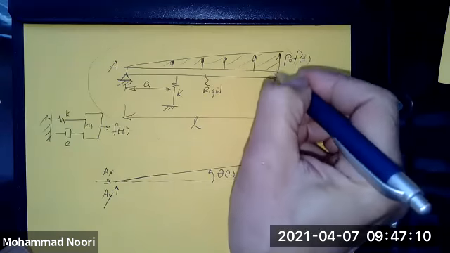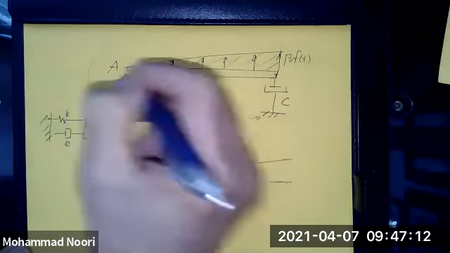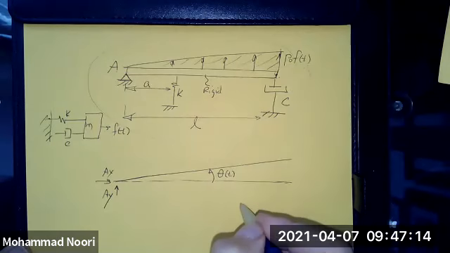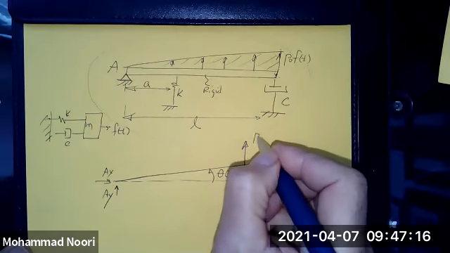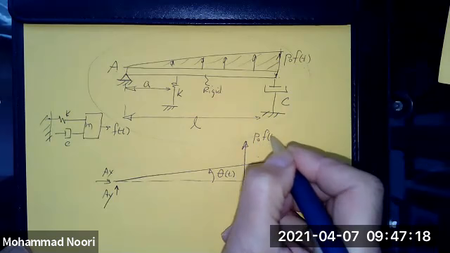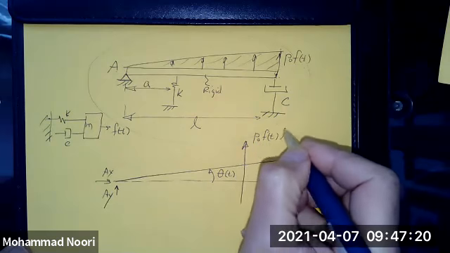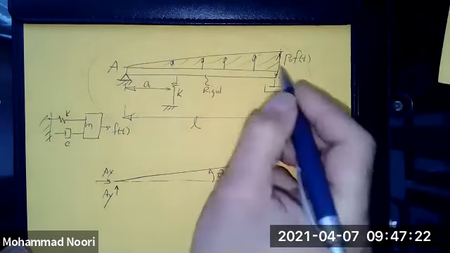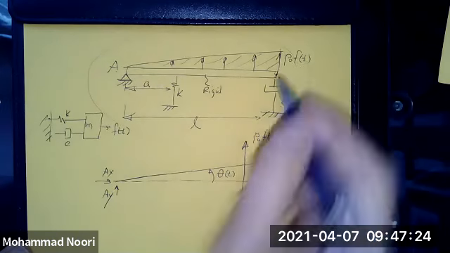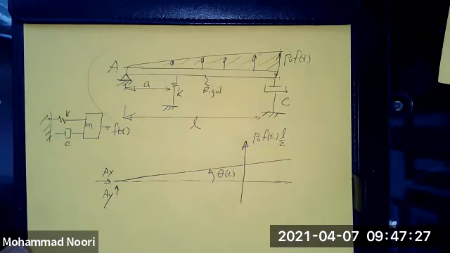So this is the base, this is the height of the triangle. So this load would be P0 F(t) times L over 2, the area of this triangle. This is the load intensity, which acts at a third of the distance from here.